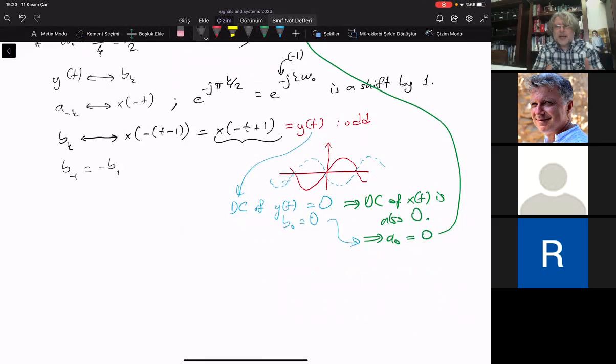It was 1 over 2j and minus 1 over 2j. So they are negatives of one another. They are imaginary and they are negatives of one another. So b minus 1 is equal to minus b1. But I don't know what a1 is and how it is related to a minus 1, because it depends on what kind of a shift we are talking about.